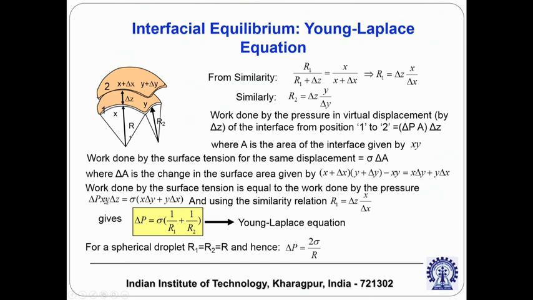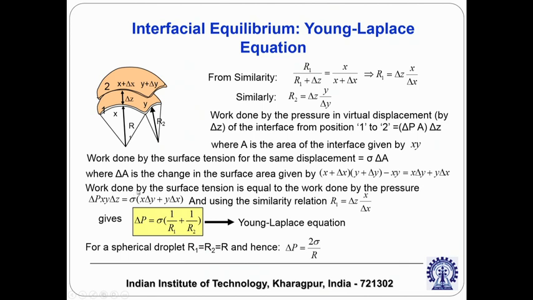If delta P is the pressure difference across the two sides, then delta P into x into y is the force, that is, the pressure difference times the area, x into y. Force times the displacement delta z is the work, and the surface energy is surface tension times the change in area.